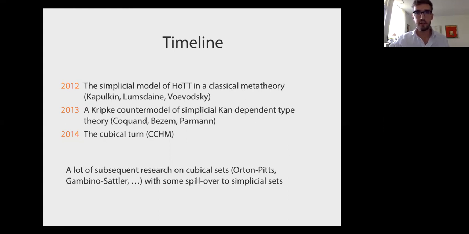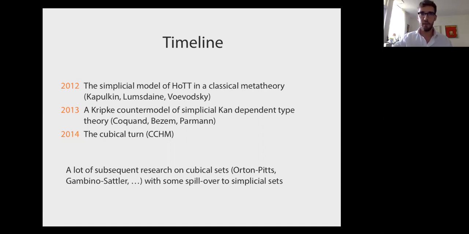But then in 2013, a counter model was produced, which shows that if you do the naive thing and you work with ordinary Kan fibrations, then there are non-classical situations where this will fail. That was a Kripke counter model produced by Coquand, Bezem, and Harper.